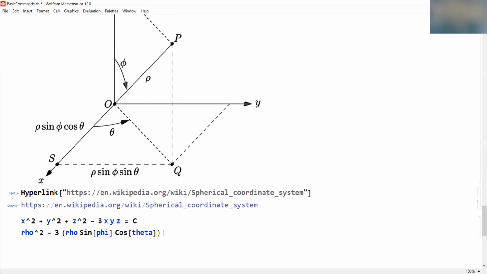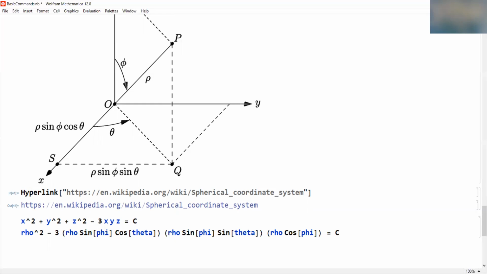Then rho sine phi sine theta, which is what y is going to be, and rho cosine phi, and then this whole thing would be equal to c. This is not going to simplify beautifully. I could pull out a rho cubed, but it's not going to be anything that nice. And so this is all you need to do when you're converting back and forth.